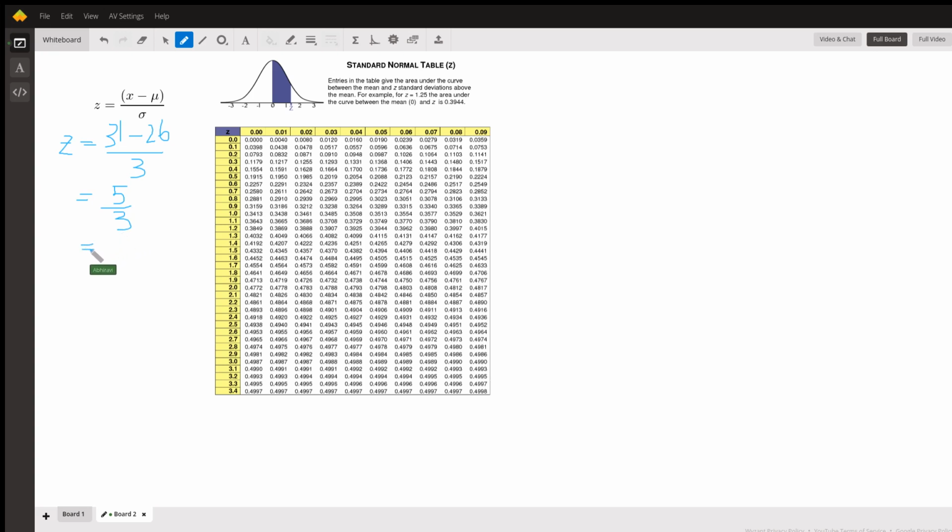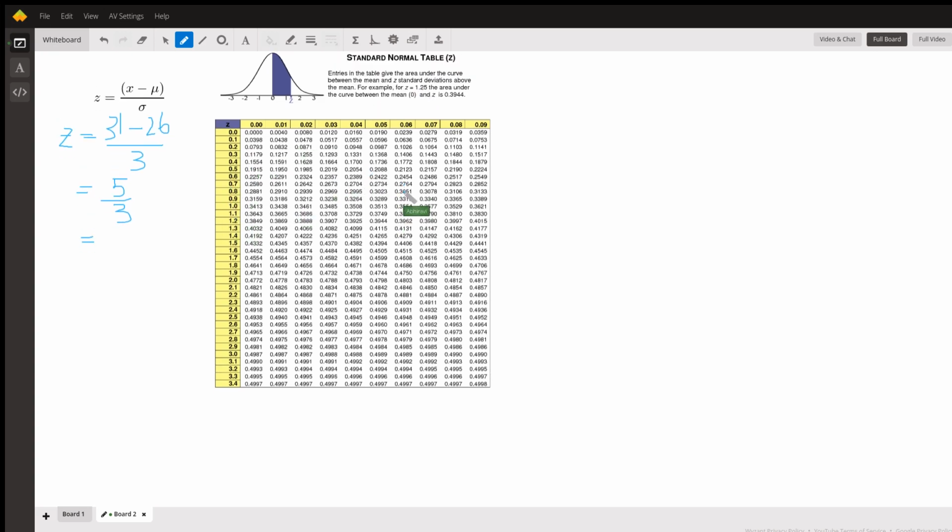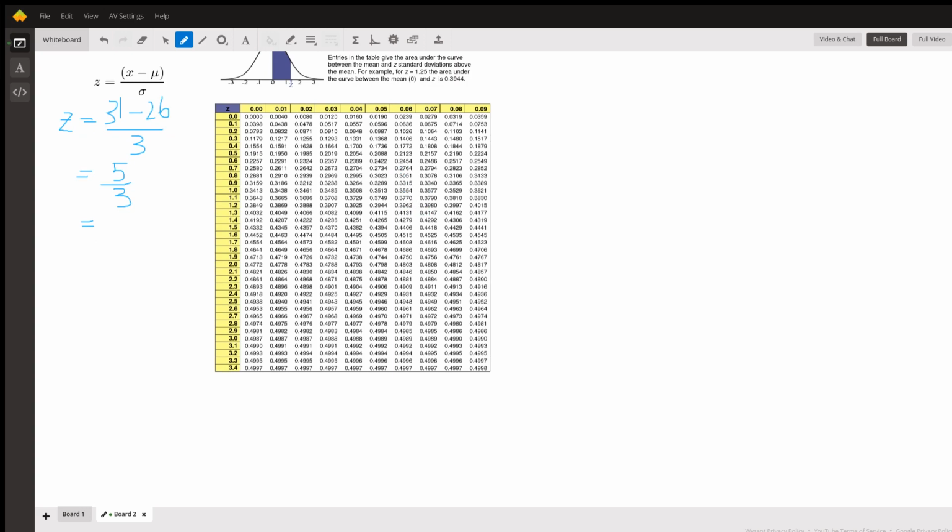So we have a fraction. How is this going to be a z-score? Well, we're going to have to get to 2 decimal places because that's how you read this handy dandy z-score table. So 5 divided by 3 is 1.67, give or take.